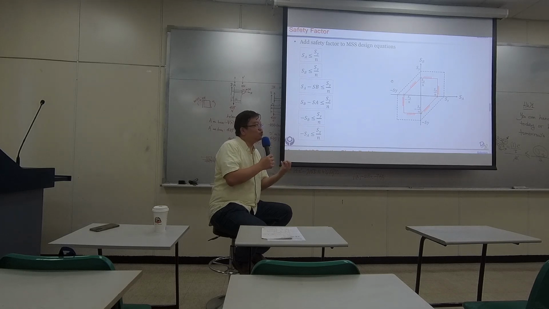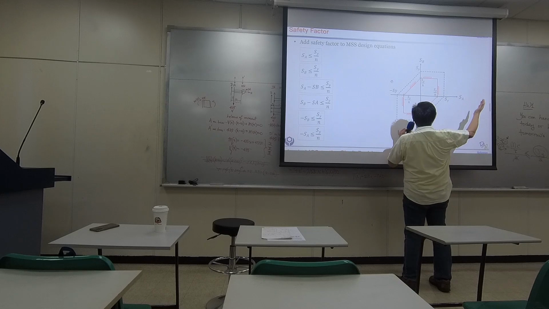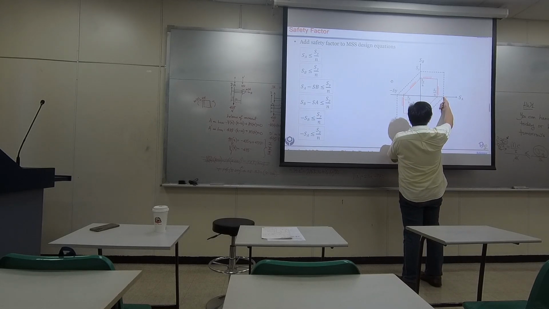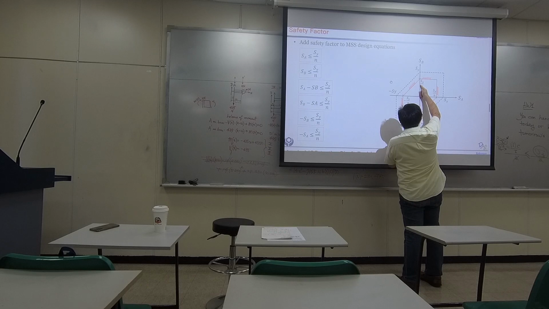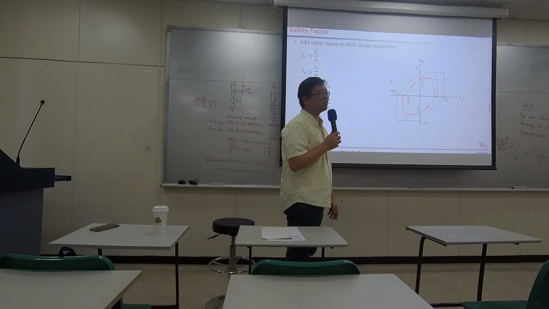And if you do that, in fact, your design region is shrunk, and this position goes half up to here. So your design space becomes so small. And that's usually the case for most mechanical design.